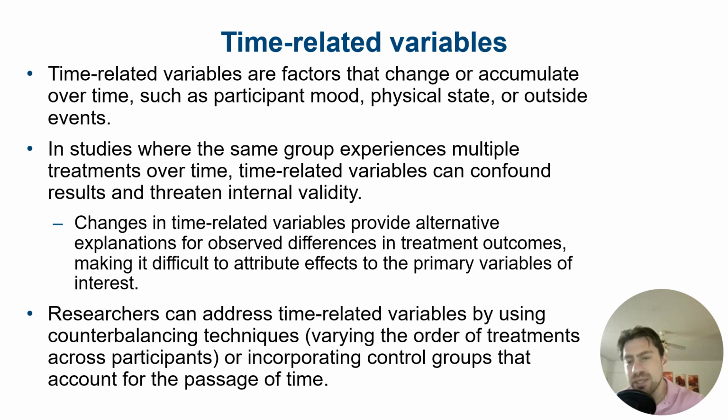So in the music problem-solving example, there were 3 different groups, 1 group per condition, comprised of different individuals. Now let's imagine that a different version of that study were conducted, such that there was only 1 group of people, and that 1 group undergoes all 3 conditions in that study.